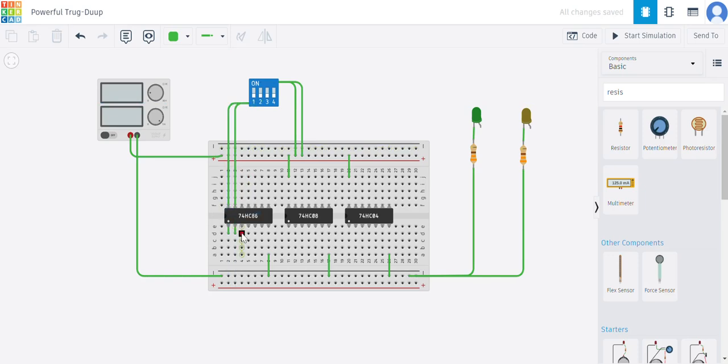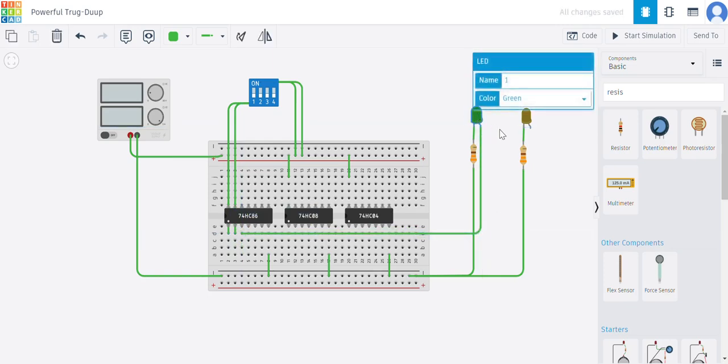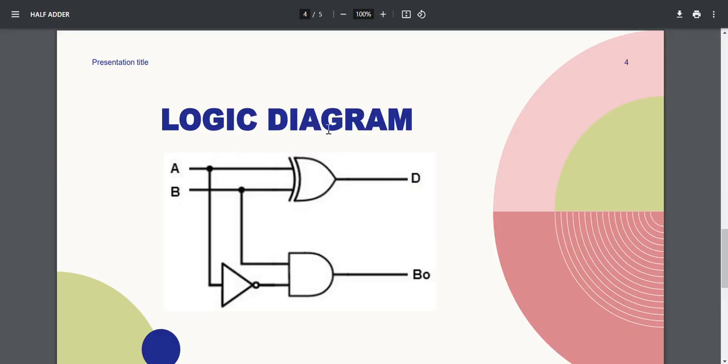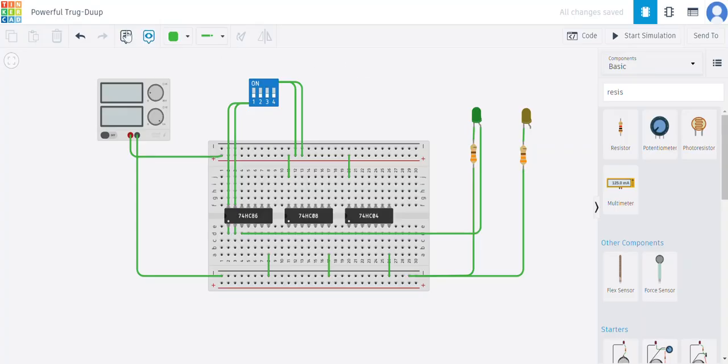So we take a wire from here and connect it to the first LED at the anode. So now this LED will behave as the difference, because here the XOR gate gives us the difference. So we can also name it here that this is our difference.